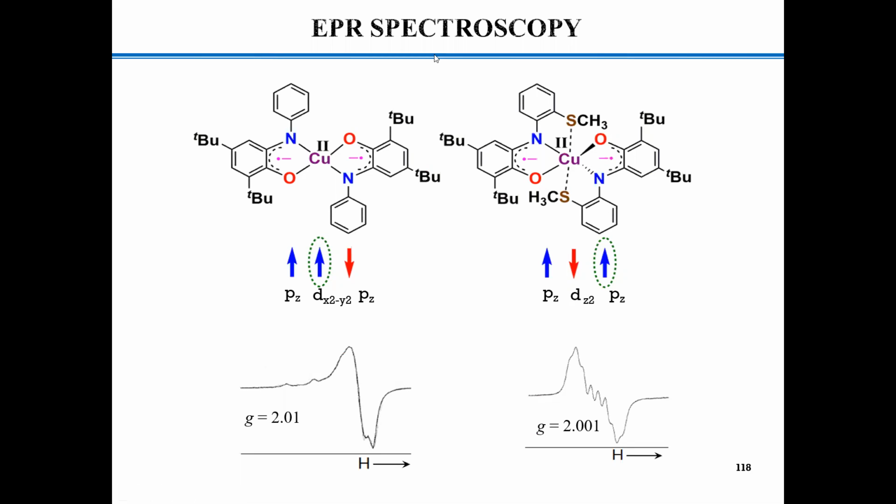So naturally, your copper oxidation state would be copper 2 by simple arithmetic. And if so, both the compounds are essentially 3-electron systems, right? 2 electrons on the ligand and 1 electron on the copper side.